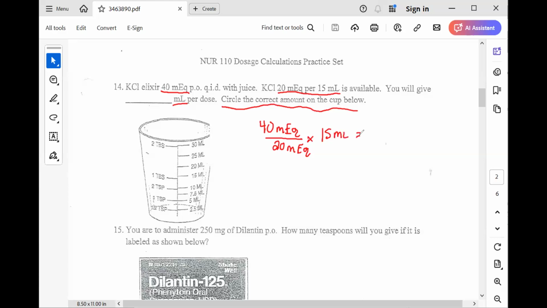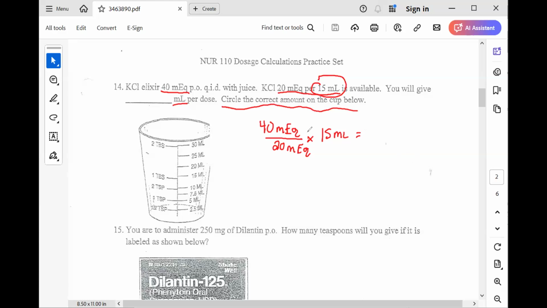Now, I mentioned last time that with the quantity part of ordered over have or desired over have, a lot of times students will forget to incorporate the quantity because they're used to it mostly being one, which it usually is when we're talking about tablets and capsules. But if it's liquid, you need to make sure you pay attention to what it is.